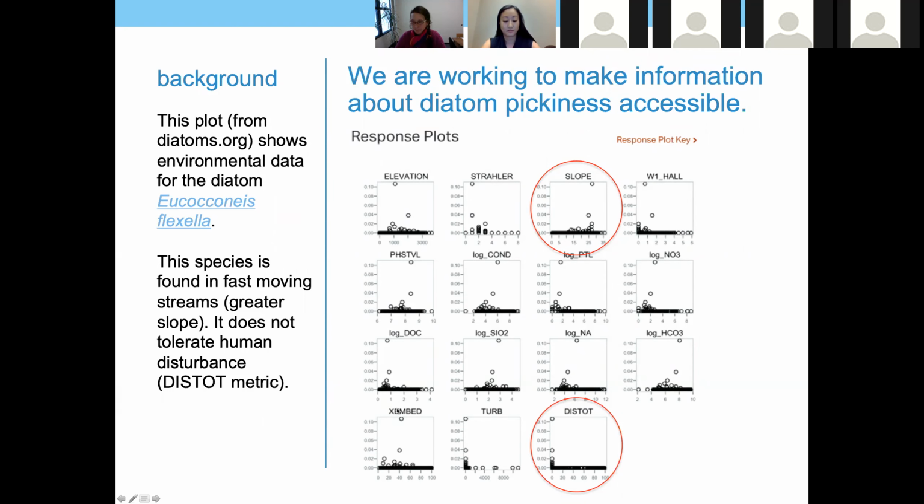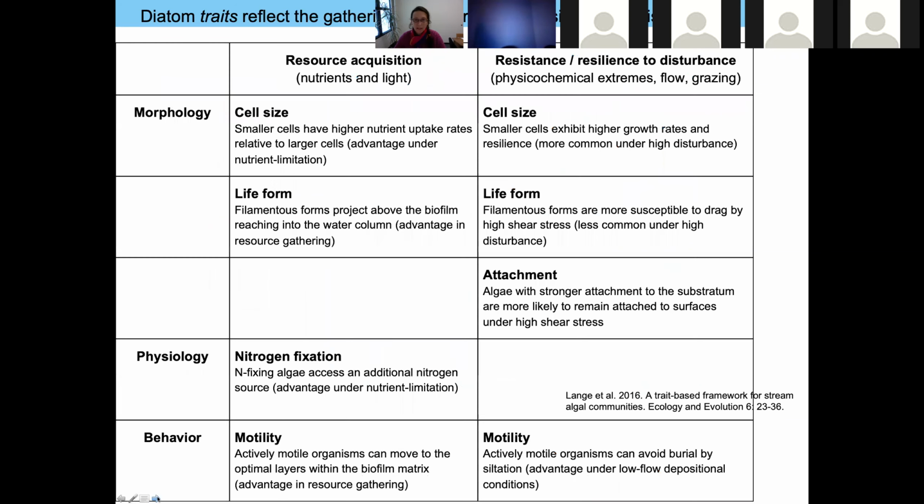These are some kinds of habitats and characterizations that we can make about different forms. And this table is really a summary of some of those. I've talked about the life form, the filamentous forms that reach into the water column, and those with attachment.